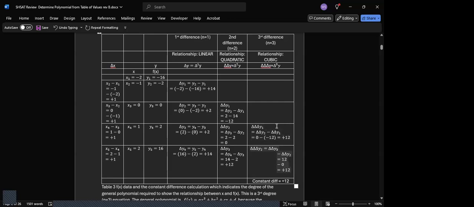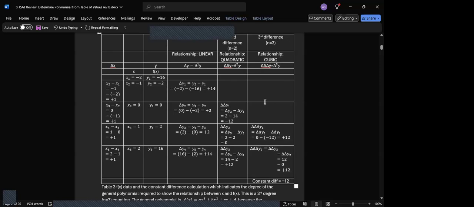And that also indicates that this degree, see the n, that's the nth degree polynomial. So this tells us that a third degree polynomial represents the relationship between the data points, right? And if it's a third degree polynomial, it's also known as a cubic relationship.